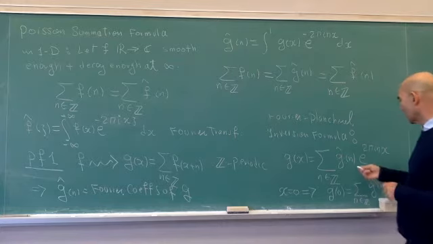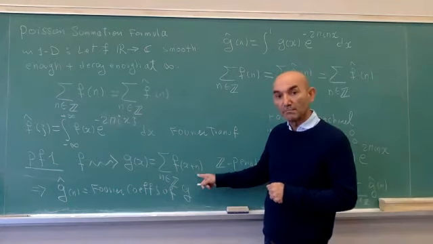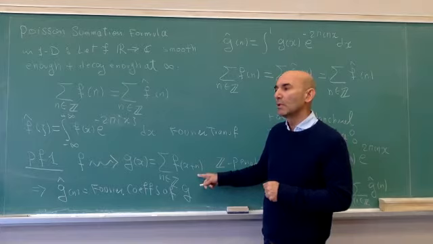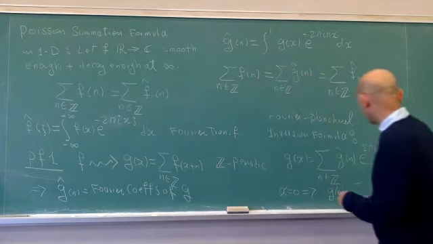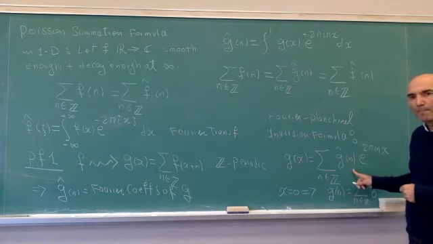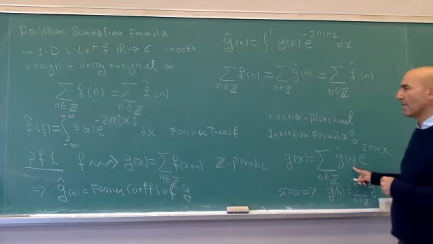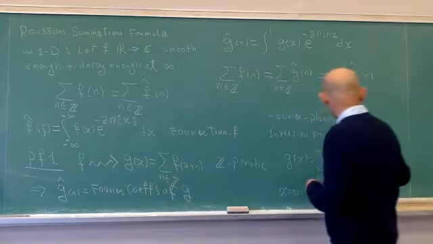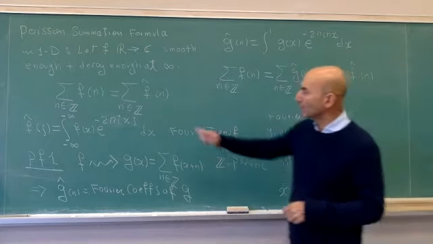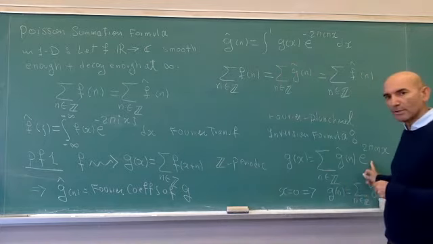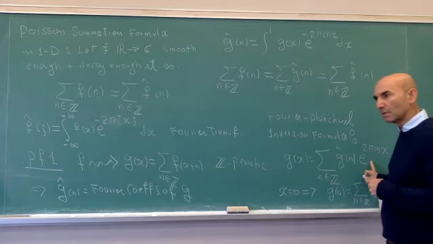But notice that this relation here tells you that you can prove more. I mean, you can just say that the sum of f of x plus n, without putting x equal to 0, you can compute at x plus n and add, and then it's equal to this sum. And this g hat of n, again, is your Fourier coefficient, so you get a sum of the values of the Fourier transform at n times the character at this point.